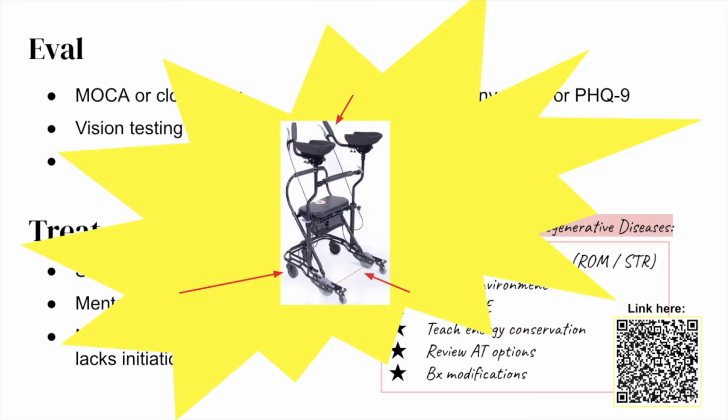So for mobility, think about something that has wheels so they don't have to continuously pick it up. Think about something that has a visual cue, like this walker here has a laser, actually a light going across these two points here, that acts as a visual cue to promote subconscious continuation of the gait.